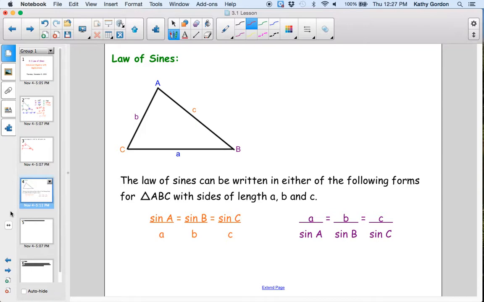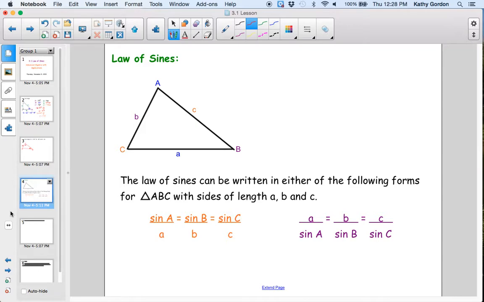So the sine of A over the side A, or the sine of B over the side B, or the sine of C over the side C. And what's true in any triangle, not just right triangles, but any triangle, is that whatever that ratio is, it has to be equivalent for all three of those ratios.